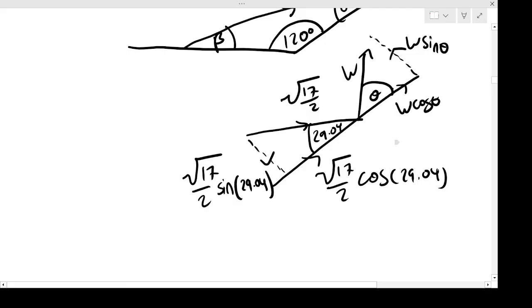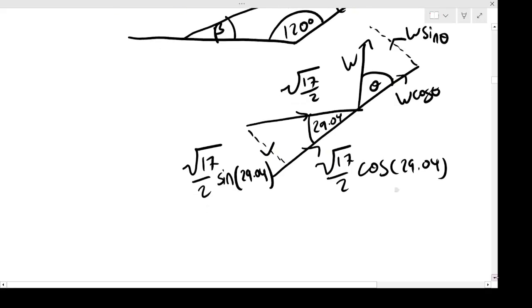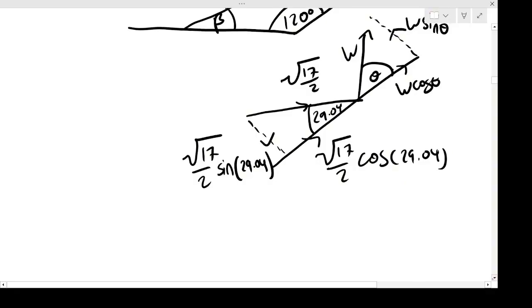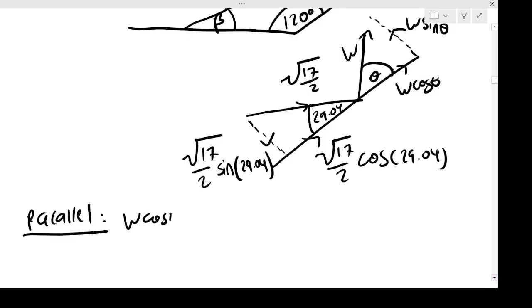Okay, so I'm just using the numerical answer for the angle because it won't be pretty if we try and simplify 60 take away beta. Okay, anyway, so now I'm going to do the same stuff, so parallel. So that's going to be w cos theta. It's going to be root 17 over 2 cos of 29.04.